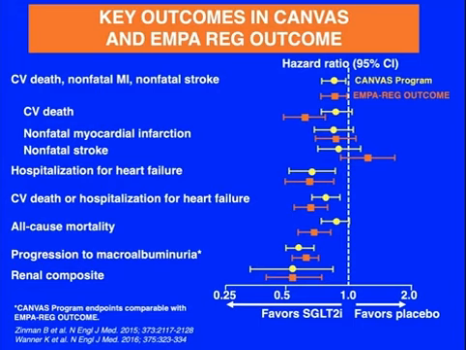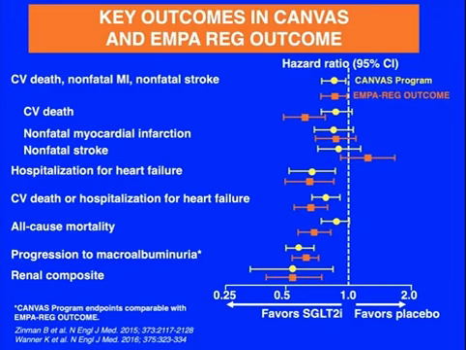Why? Because in CANVAS, 2/3 of the people got in because they had a cardiovascular event. 1/3 got in because they had risk factors, but they hadn't had a previous event. So again, yes, the little dots look like they're different, but I think it's more related to the patient population.